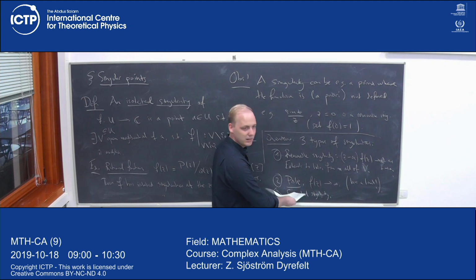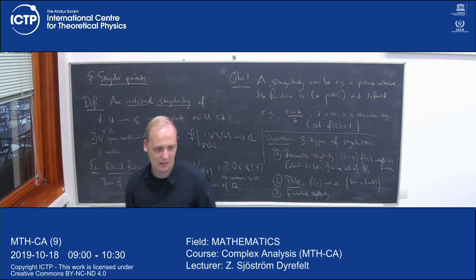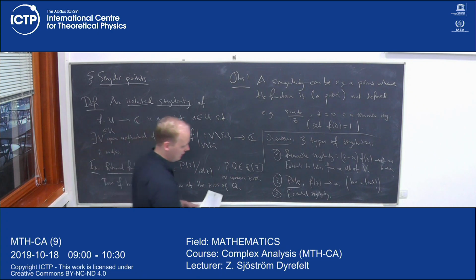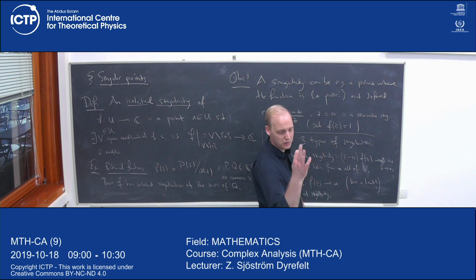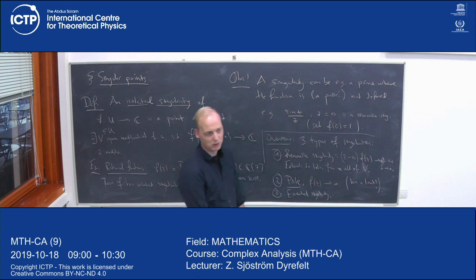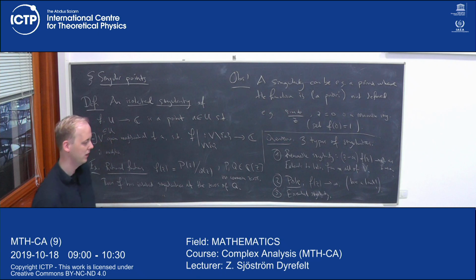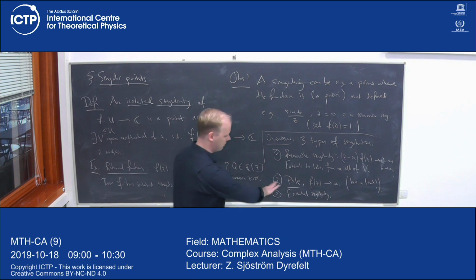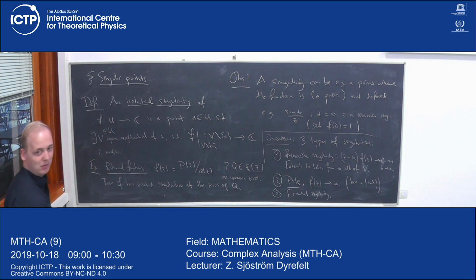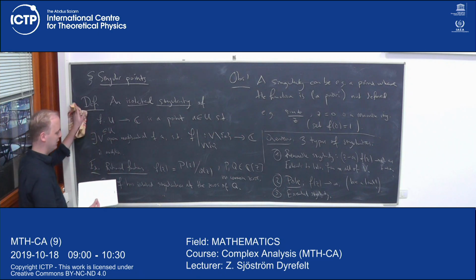These are the truly bad guys, the ones that have essential singularities. They have a singularity in the sense that they have no well-defined limit there. Some bad behavior. And this can be all sorts of things, for example a discontinuity in a branch cut, all sorts of stuff that goes under this. The definition of an essential singularity is just an isolated singularity which is not removable or a pole. So we just bunch everything together that we don't like in the third category. This is what we do.